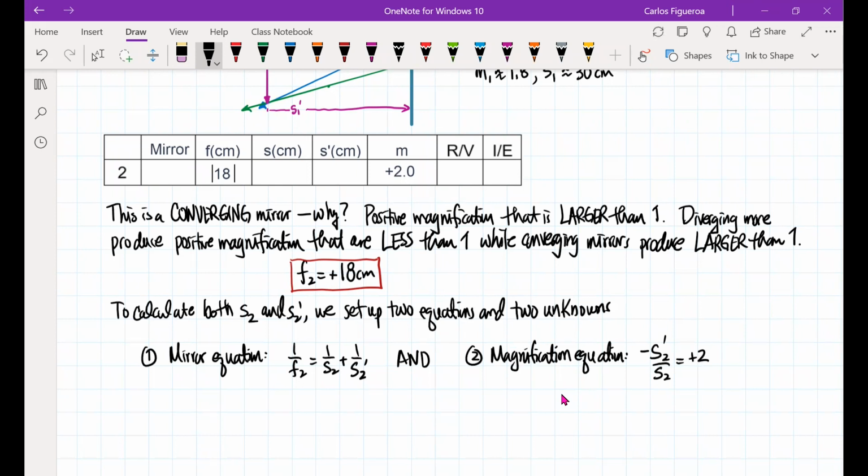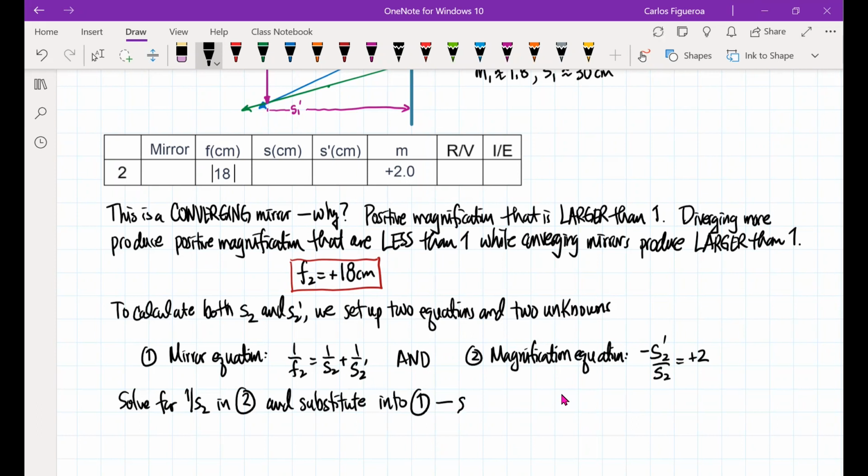So now what I'm going to do here is that the easiest thing that I could see here is that I'm going to solve for 1 over S2 in equation 2 and substitute it into equation 1.